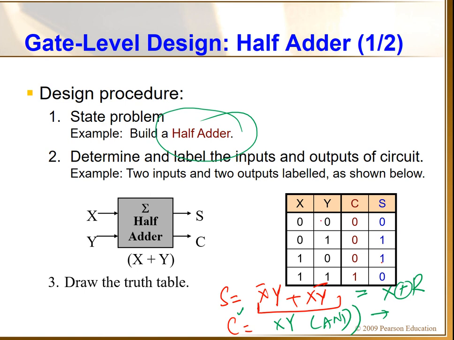We are looking at the sum. When we are getting the same kind of inputs, our output is 0. When different, our output is 1. So this is your XOR gate. So by just using the XOR gate we can get the sum, and by using an AND we can get the carry. So we have implemented a logic.